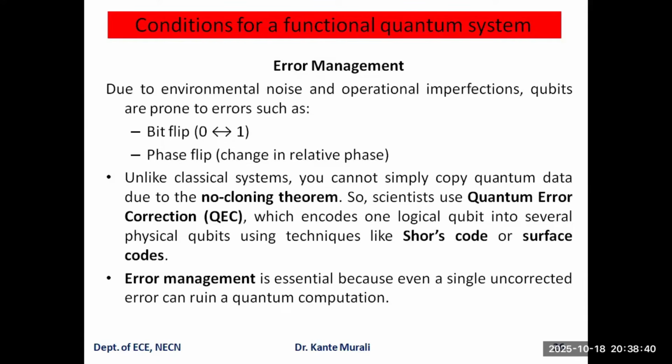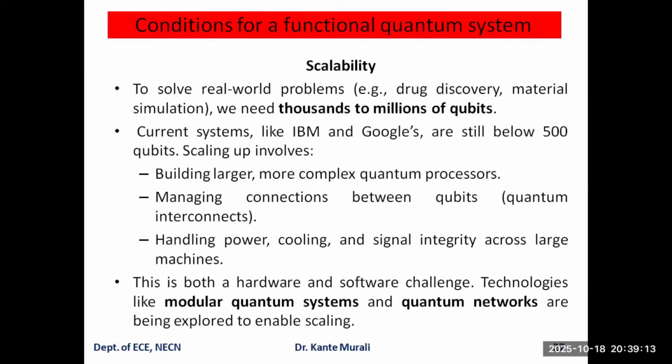So scientists use quantum error correction techniques like Shor code and surface codes to encode one logical qubit into several physical ones. This is very essential because a single uncorrected error can ruin the quantum computation, which will affect the overall system performance. That means we need to adopt special techniques to maintain error management in quantum systems.